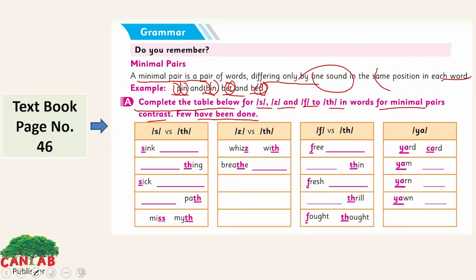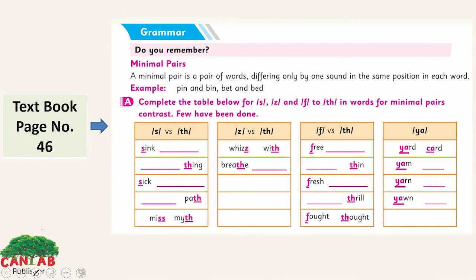A few have been done. Now here, you can see this one is underlined and bold, the S here. So here you have to write a word which has the same sound as the rest of sink, like ink, but only differs in the given sound here, the S sound. Only this sound has to be different.